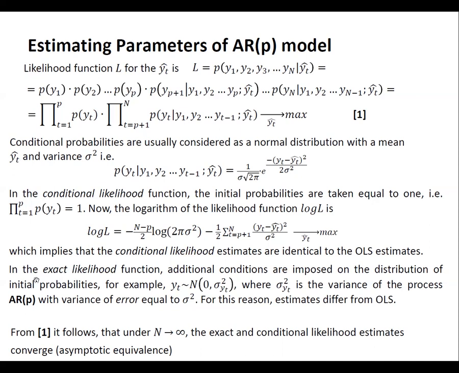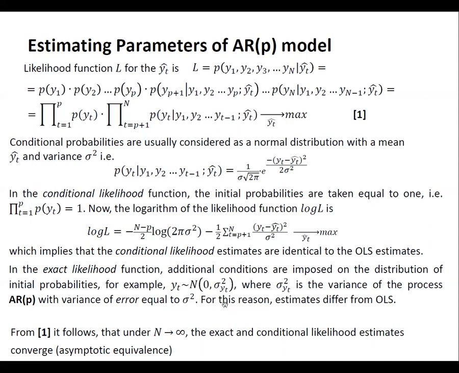The exact likelihood function imposes additional conditions on the distribution of initial probabilities, for which we do not yet have a history and cannot estimate the model parameters. For example, they are assumed to be normally distributed with some standard deviation and some mean.